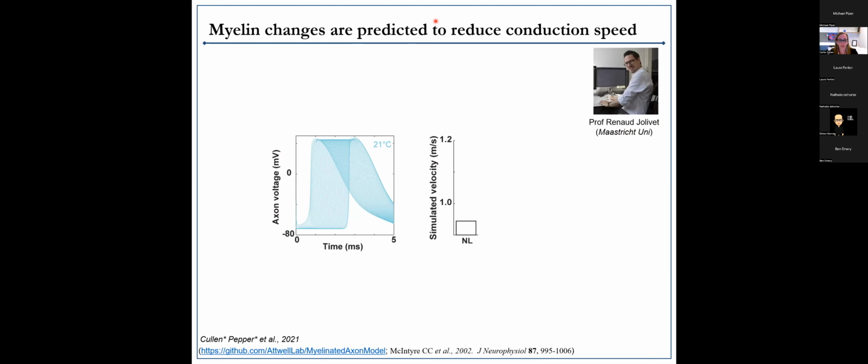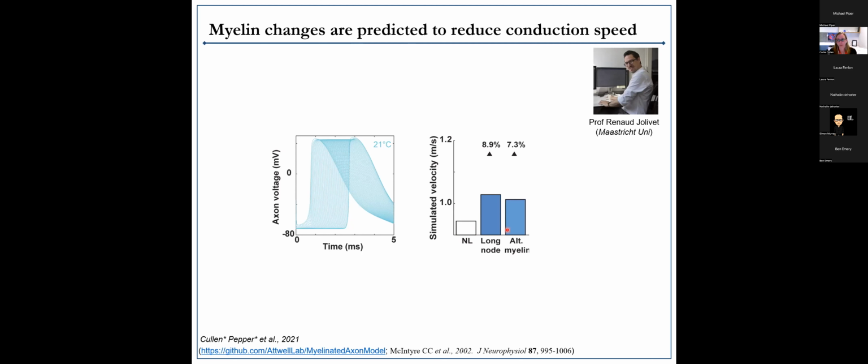So we modeled the fimbria axons computationally, using the experimental measures that we gave, and we found that in the no learning mice we had an average conduction velocity modeled at just under 1 meter per second. When we changed the node length to that measured in the learning mice, just the node length itself, we got an increase in the simulated conduction speed.